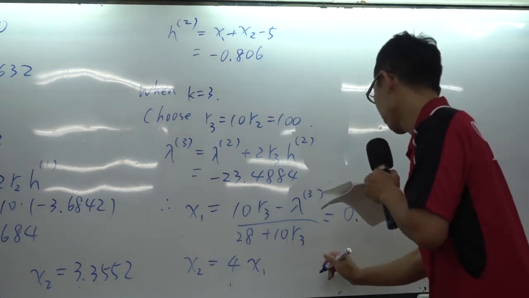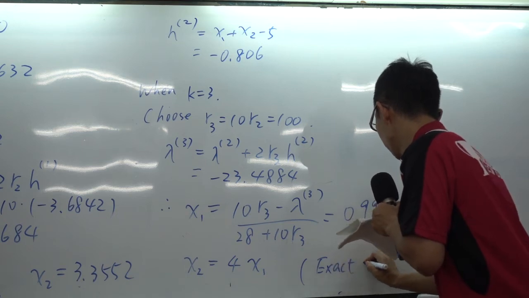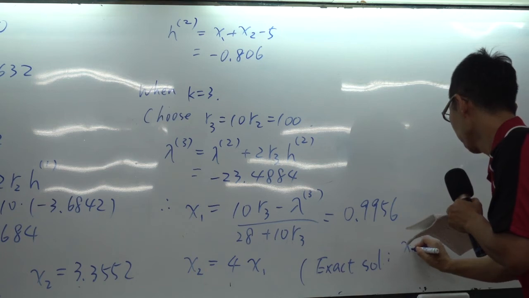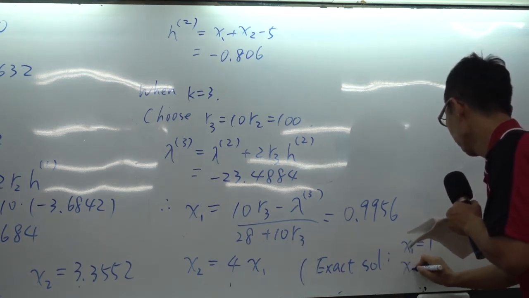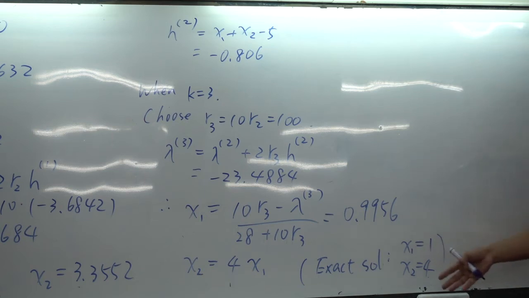So the exact solution is x1 equals 1, x2 equals 4, and that's very close to the exact solution.